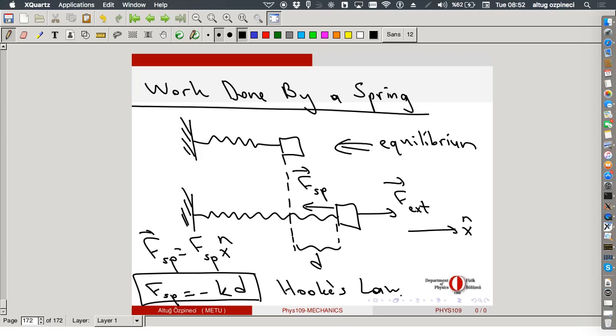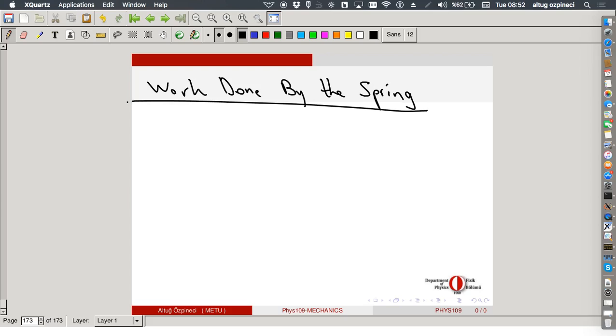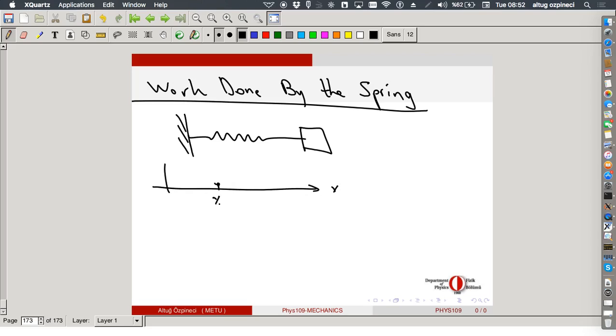So let's calculate the work done by this spring. Here we have our spring. This is our mass. We will assume that we start from x equal to x1 and move our spring up to x equal to x2. So how much work has the spring done?